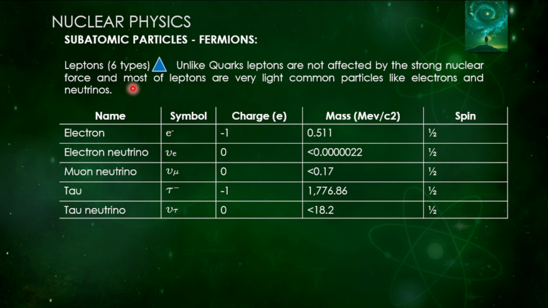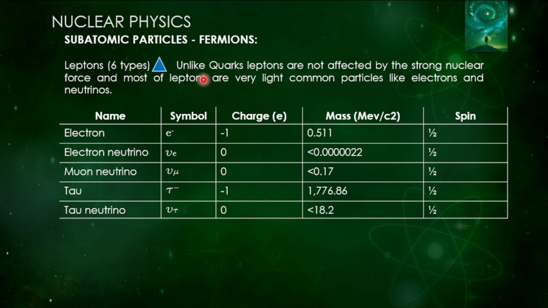Not a magnetic force or gravity, that's something else, but it's called a nuclear force because it acts at the nuclear level. Most leptons are very light, common particles like electrons and neutrinos, and they are not pulled by the strong nuclear force, unlike the protons and neutrons in the nucleus.